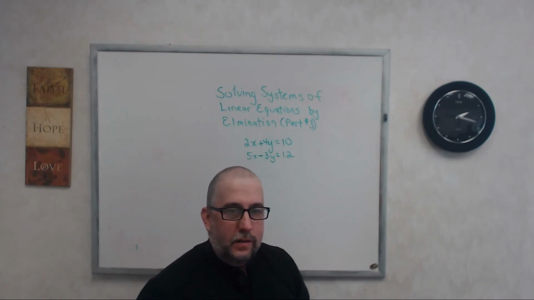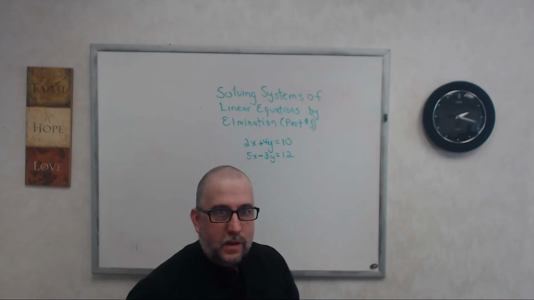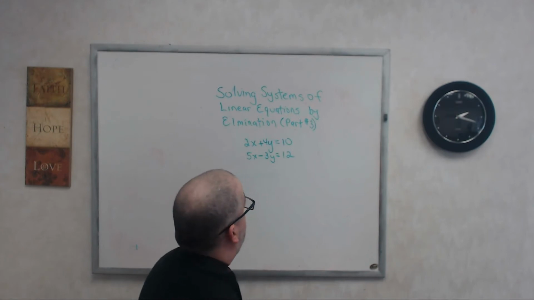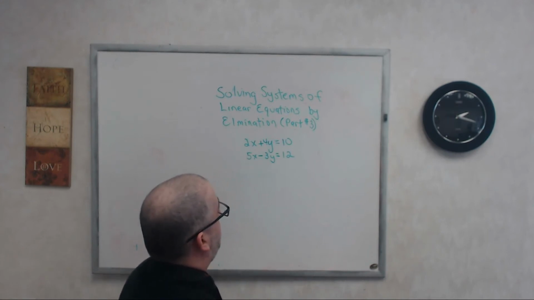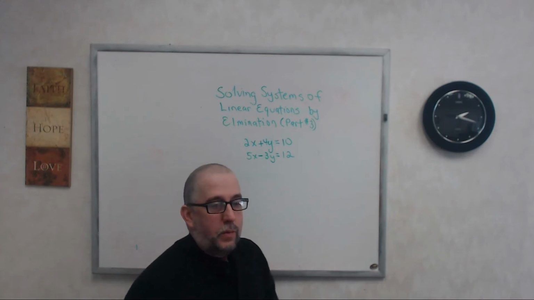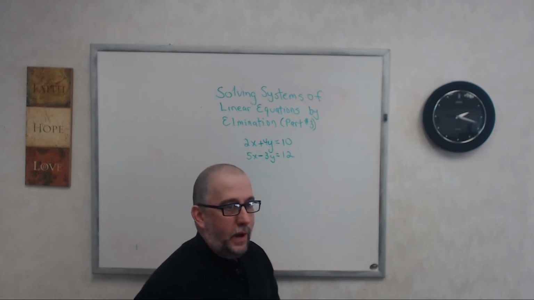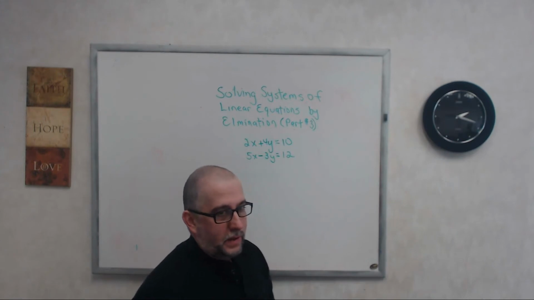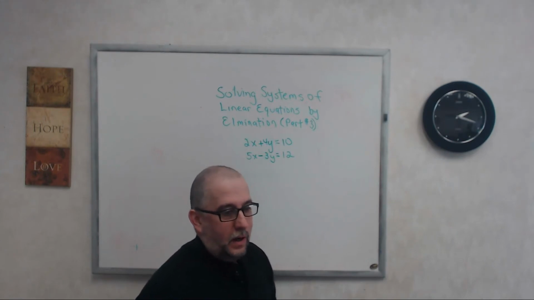Today we're going to do another video in our series on solving systems of equations by elimination. This is part 3. In the first part, we learned how to solve them when one of the variables canceled out automatically.